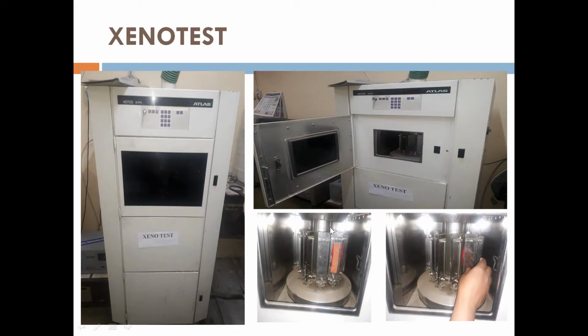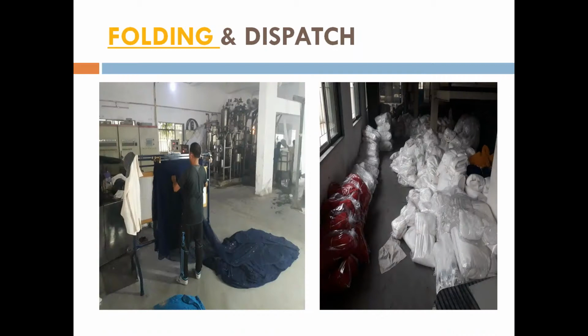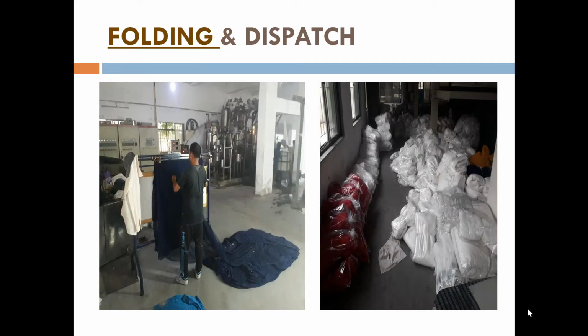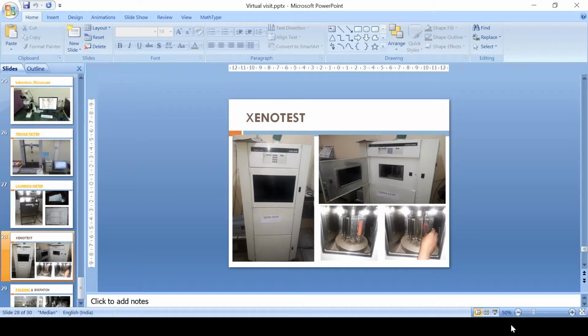It rotates for some time, and after that we compare with the original fabric to see how much the color has faded. Sometimes a standard woolen sample is there, so we can compare with that also. Now after checking whether this fabric has passed the quality or not, if the quality is passed, we can fold it for further use, or to send to the market or to the garment house.